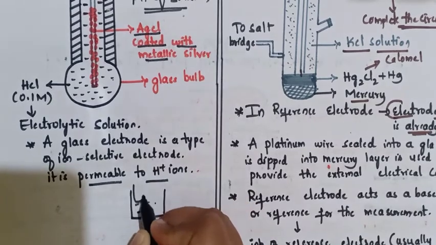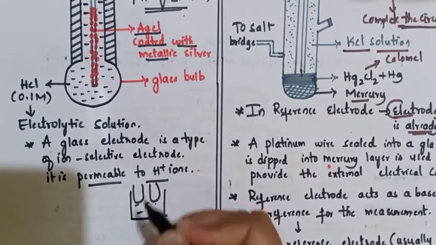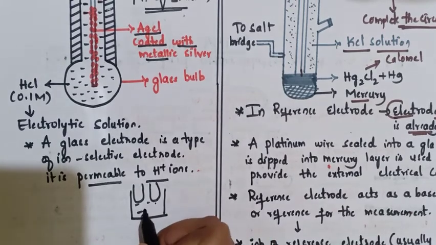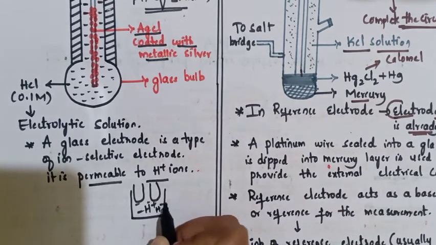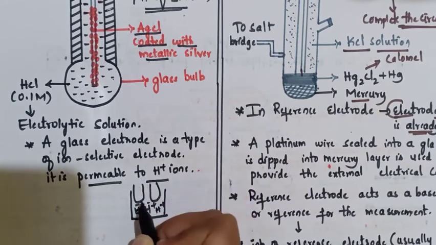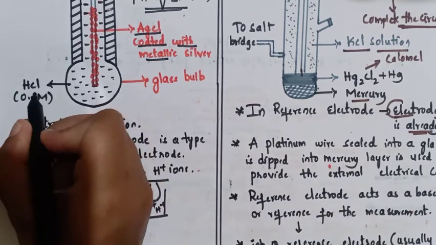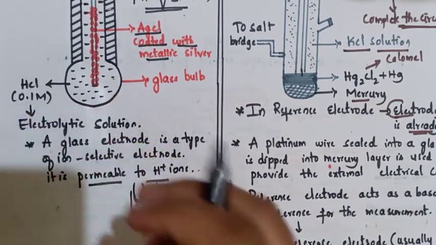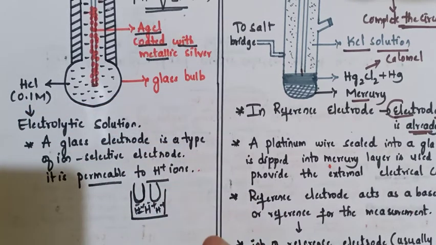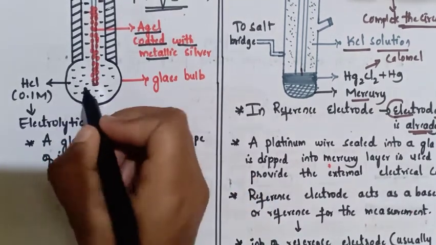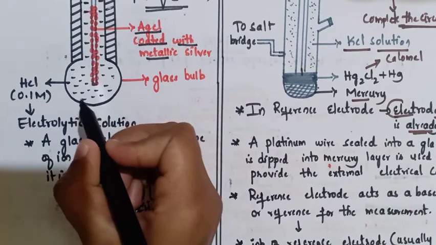When this glass electrode and a reference electrode are inserted into this sample, this soil sample consists of H+ ions, and we know that this glass electrode consists of H+ ions, that is, in the HCl we have H+ ions. Not only H+ ions but also some other positive ions are present in the glass electrode, such as sodium. Here this glass bulb at the end is made up of oxides of sodium, calcium.